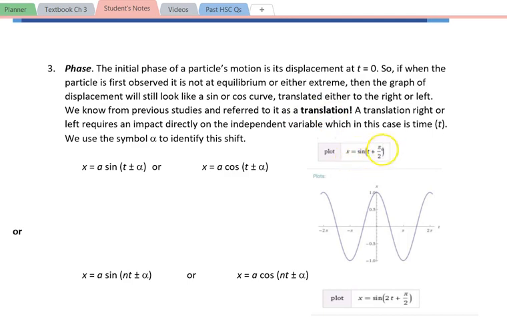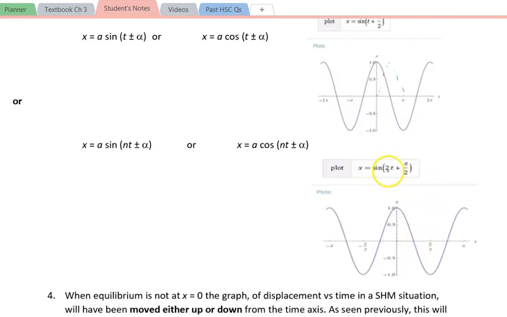So here's an example of the sine curve, but it has to slide back pi on 2. Remember the sine curve normally comes up here like this and then back down, and what's happened is a slide back of pi on 2. So it actually looks like that. This example is showing the impact of the change in period and the translation. We can take a little bit of time to look at those.